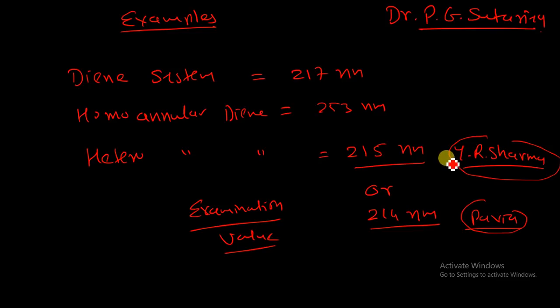This is also okay, that is given in the book of Sharma Organic Spectroscopy. This is given in the book of Organic Spectroscopy by Pavia. So let us understand these things by examples. So the first example for today's lecture, let us understand this example by using Woodward and Fieser rules. So let us start our example.